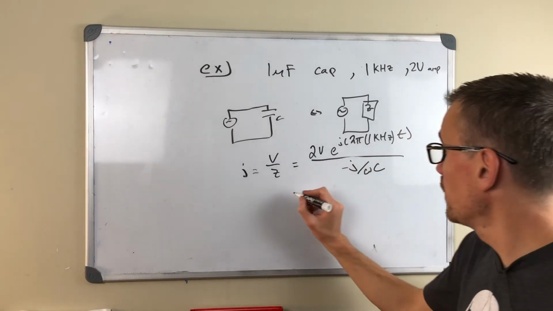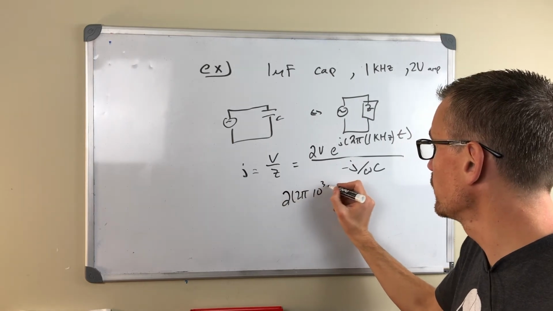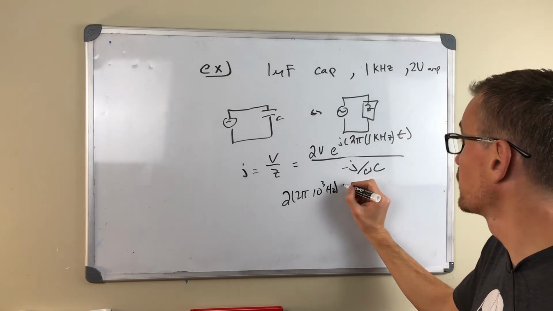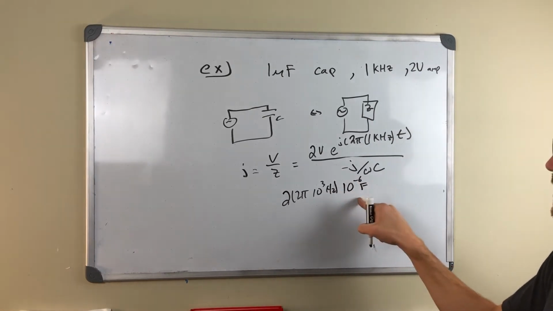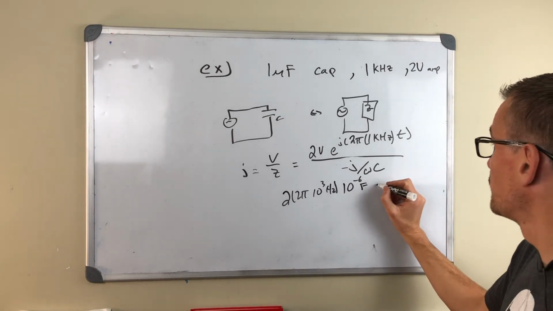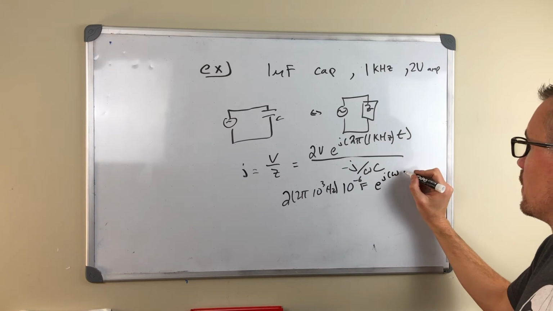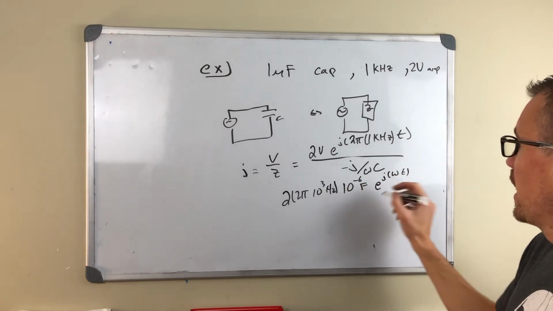So this is going to give me 2 times 2 pi times 10 to the 3 hertz times my capacitor, which is 10 to the minus 6 farads. That's omega C, times e to the, let's just write it as omega t, times j.